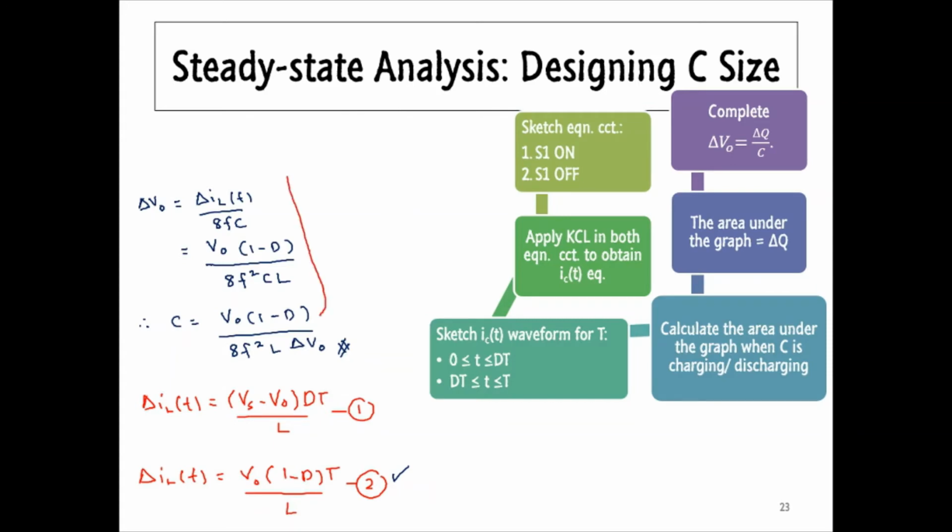Eventually, you can calculate the ripple output voltage as the fraction of the output voltage using this equation, and if this parameter is constant, therefore, the ripple output voltage percentage is inversely proportional to the capacitance value of the capacitor.